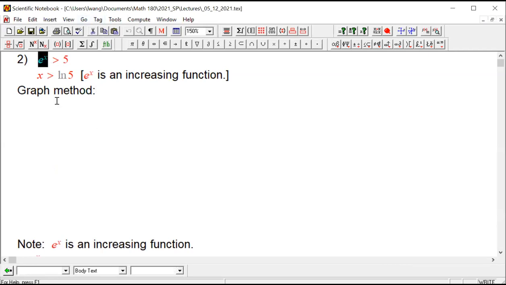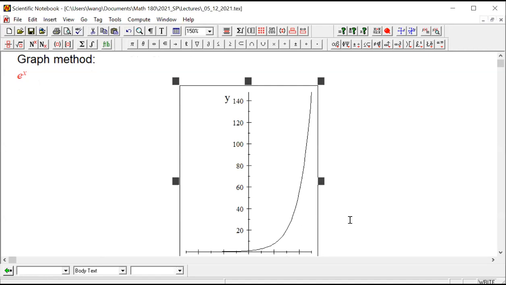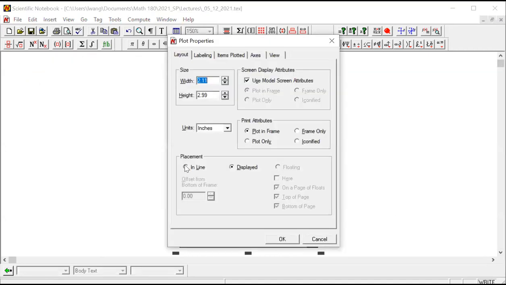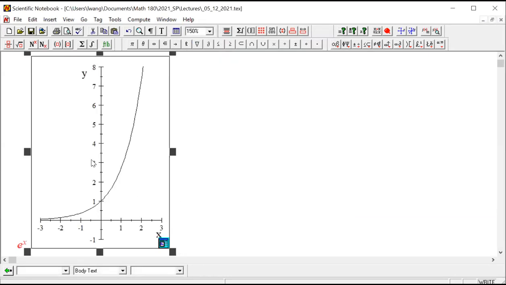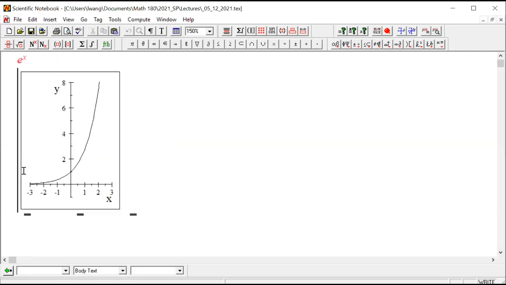The graph method, e to the power x. If we graph it, this is the function. What does it mean that we want e to the power x to be larger than 5?